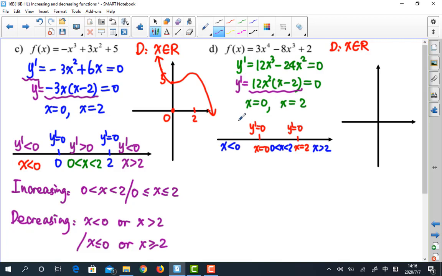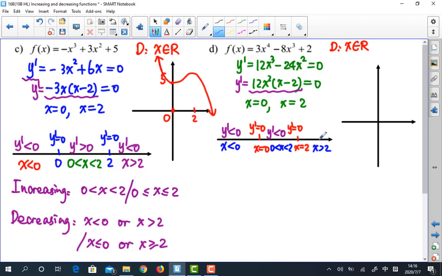So x equals -1, positive times negative. So this y prime is negative. Pick up any value between 0 and 2. Let's say 1. Plug in, positive times negative. Y prime is also negative.